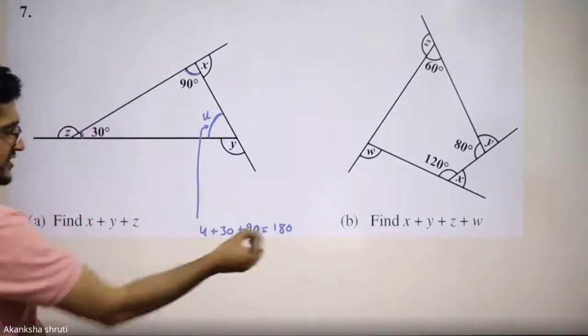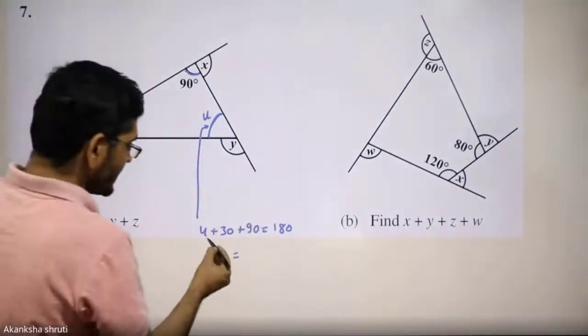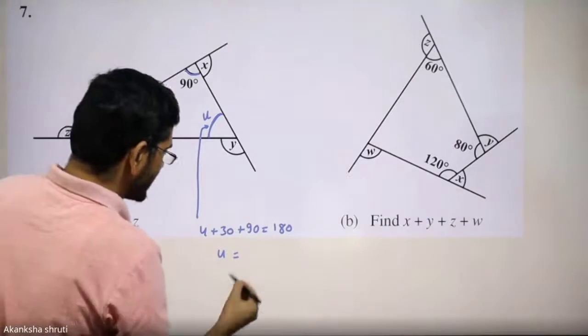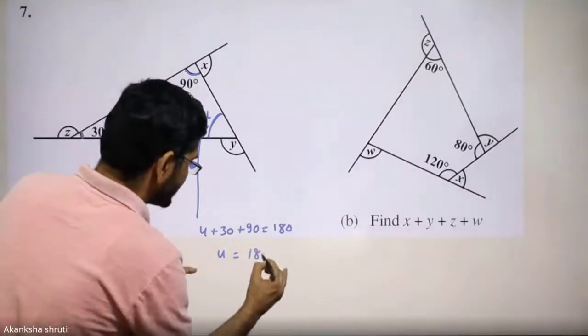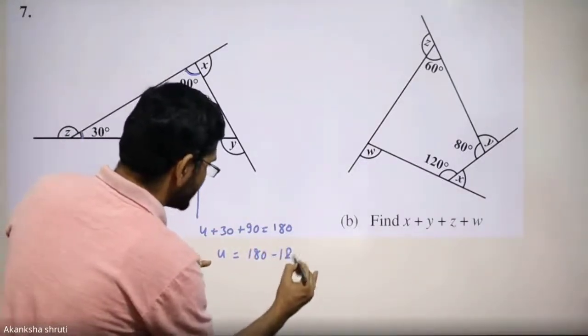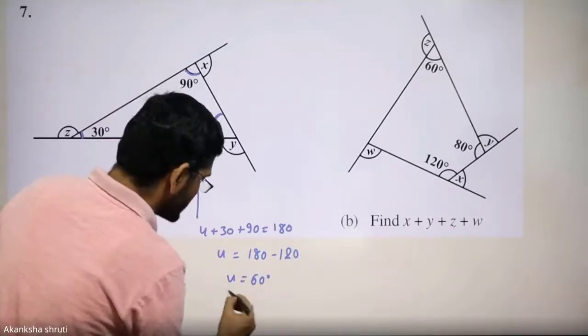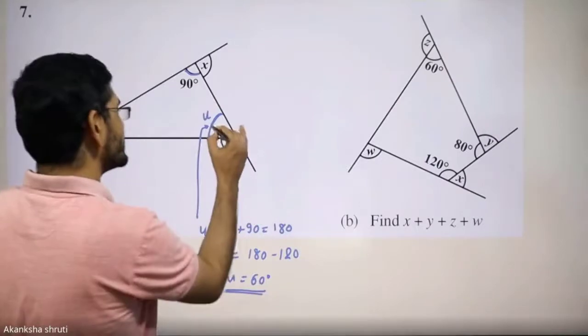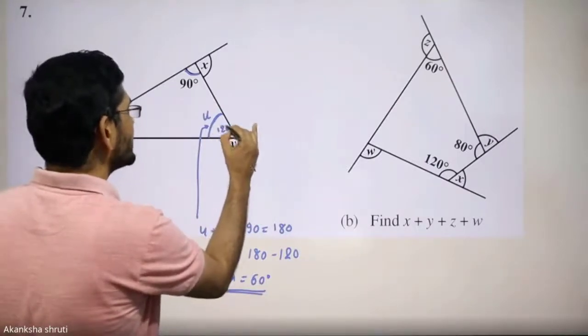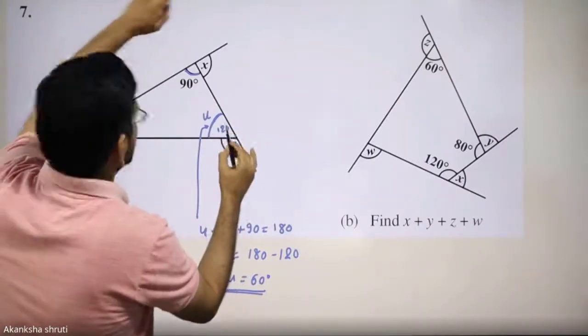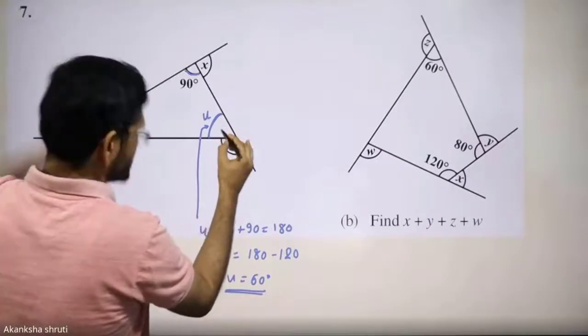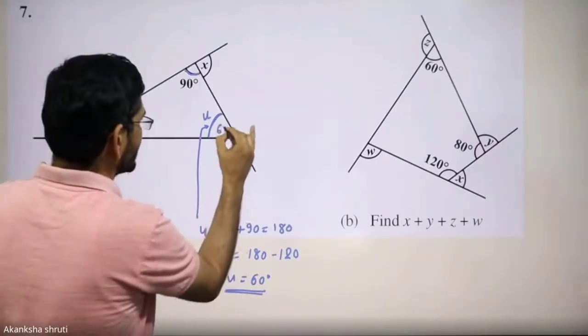So from this equation, u can be calculated by 180 minus 120. So u is 60 degrees. Students, here this u, the internal angle that we have calculated, is this 60 degrees.